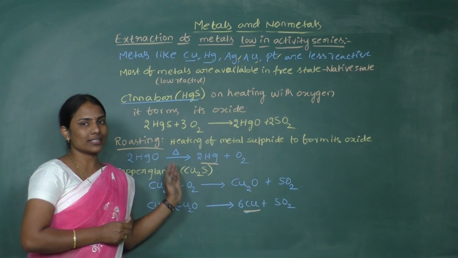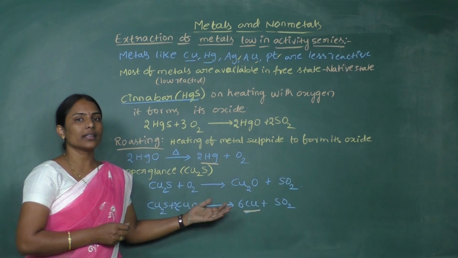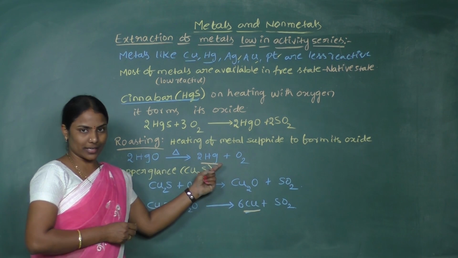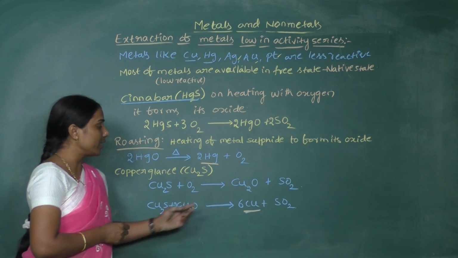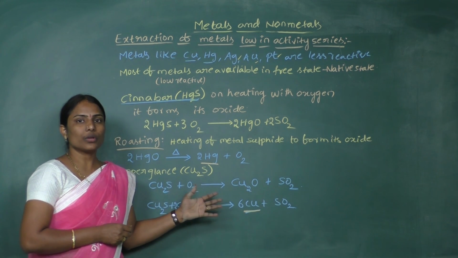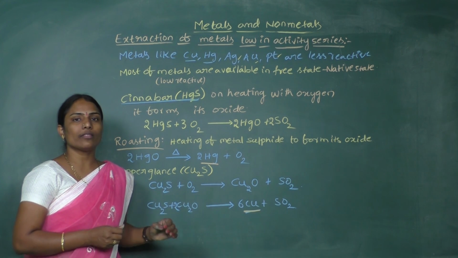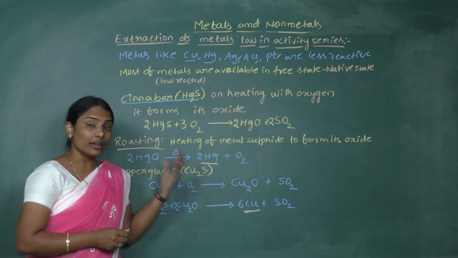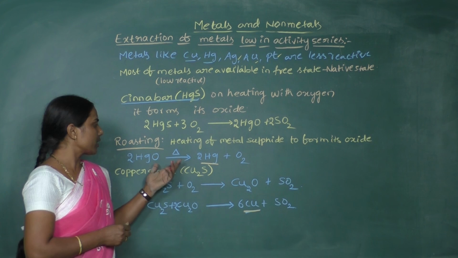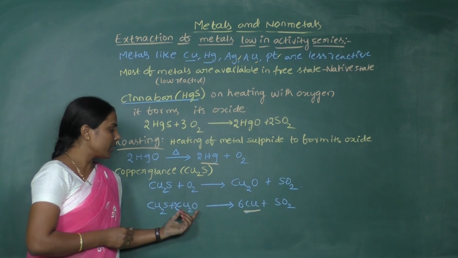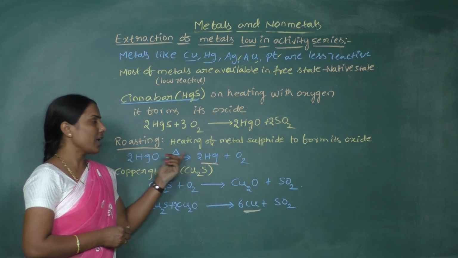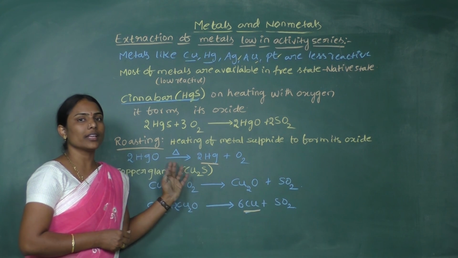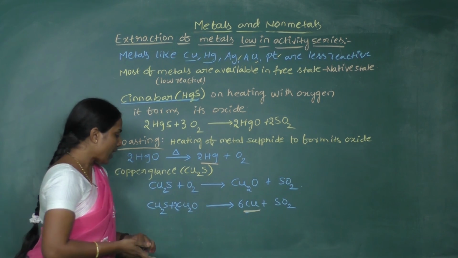So first we convert the sulfide into oxide, and later the oxide is either heated like this, or the oxide is again treated with the sulfide to get the metal. So what method we use always depends upon the reactivity of the metal. More reactive metals need another method, and less reactive metals may give their elements directly on heating like this, right? So have a look now.